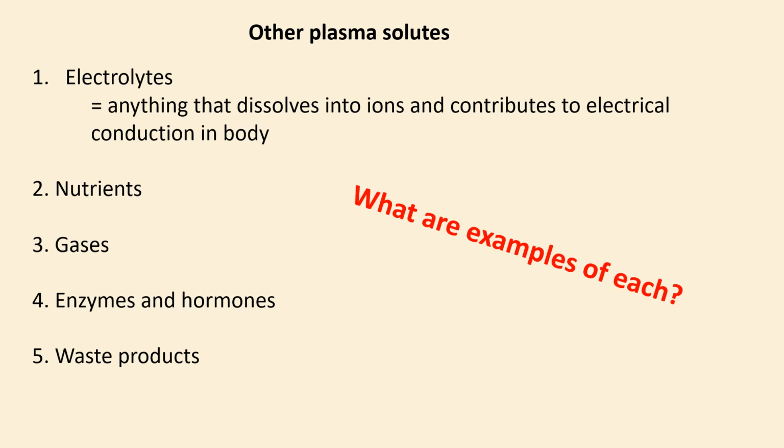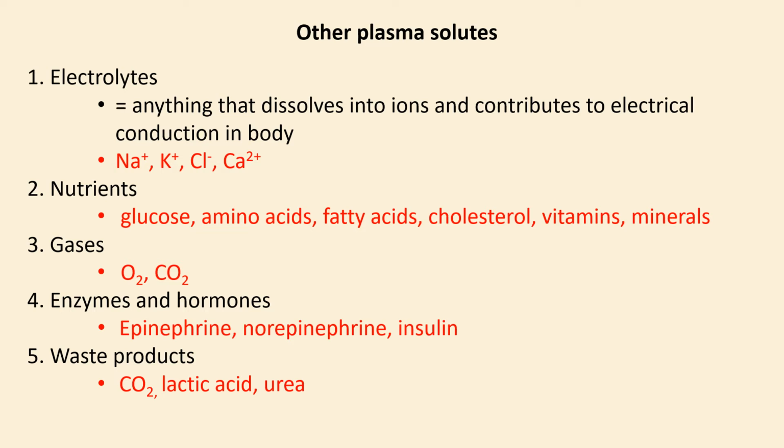And then waste products like bilirubin and creatinine. Creatinine is a waste product generated by our muscle cells, and bilirubin we'll talk more about in this chapter. Bilirubin is generated as a breakdown product from hemoglobin. Here are some of those examples listed out for you.